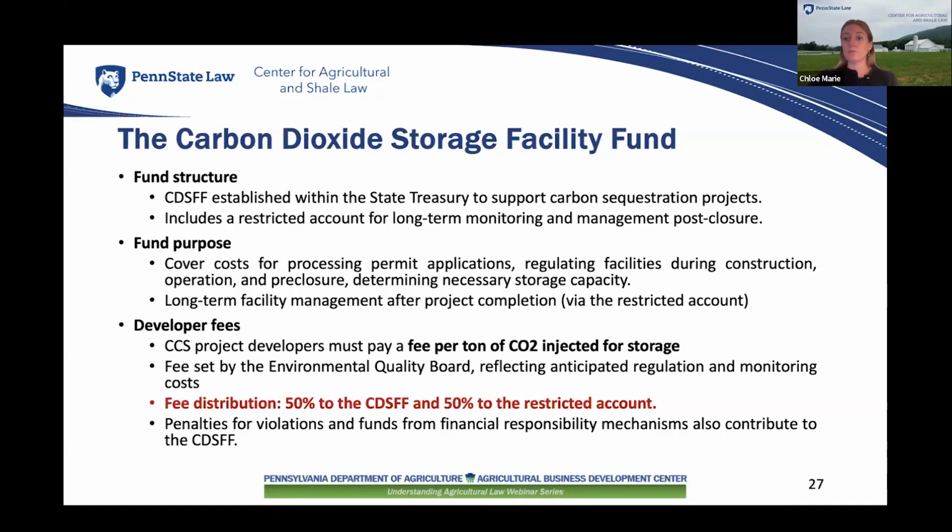Half of the fees will go into the fund, while the other half will be set aside in the restricted account for long-term project management. And any penalties for violations of this act, along with money the DEP receives from financial responsibility mechanisms, will all go into the fund.